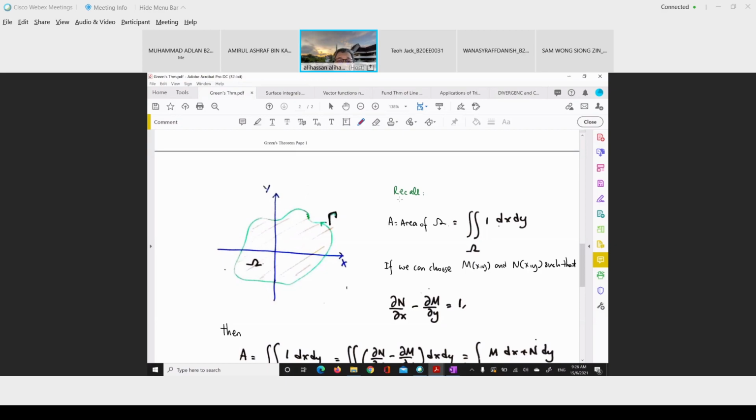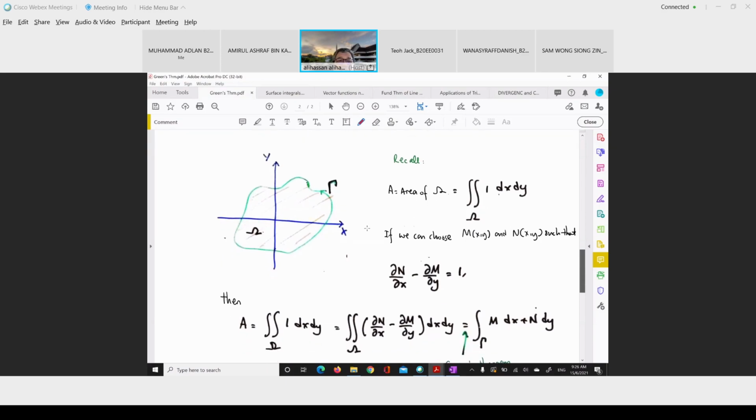Now, we know from our double integral study that the area of omega is the double integral of 1 dA over the region omega. This is for a two-dimensional case.